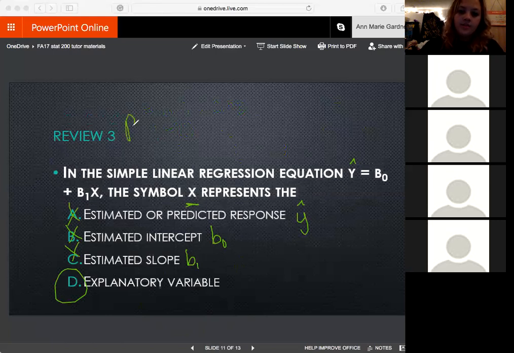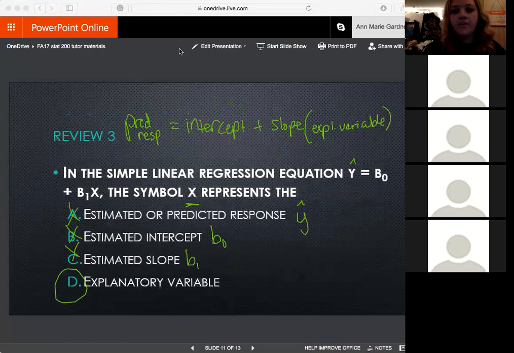If we write this out, we have our predicted response equals our intercept plus our slope times our explanatory variable. So our answer is D. Great job.